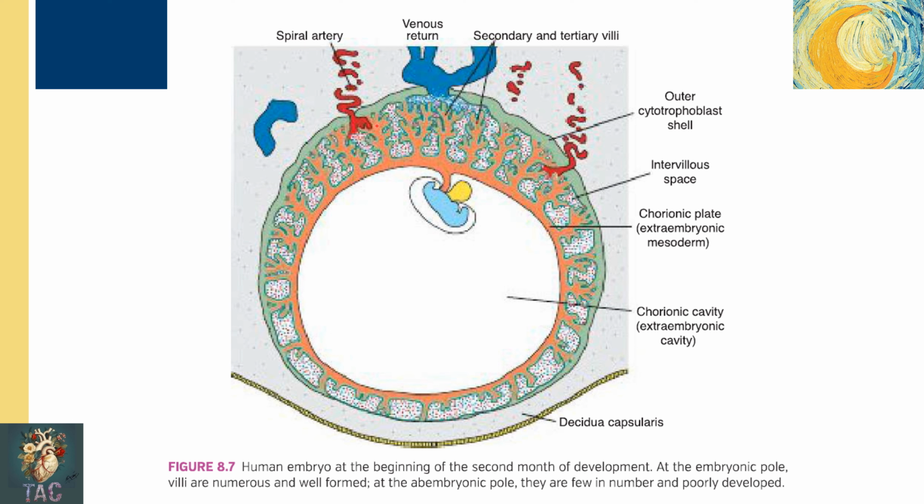And when the pressure decreases over here, this blood goes back to the maternal vein into the maternal circulation. So this is the way in which the oxygenated blood is entering into the intervillous space and is going back through the maternal vein into the maternal circulation.